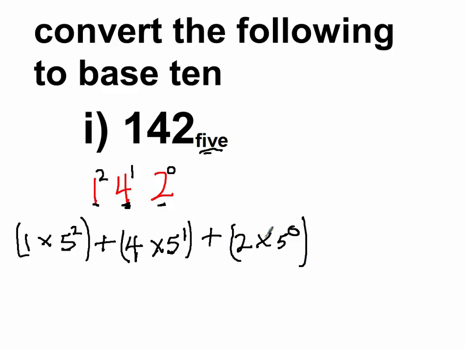Good. Then the next step is to expand the figures. So this is going to give me 1 times 5 to the power 2, which is 5 times 5, so 5 times 5 is 25. Plus 4 times 5 to the power 1, which is 5.